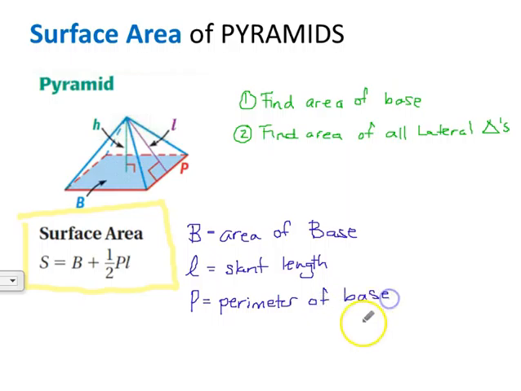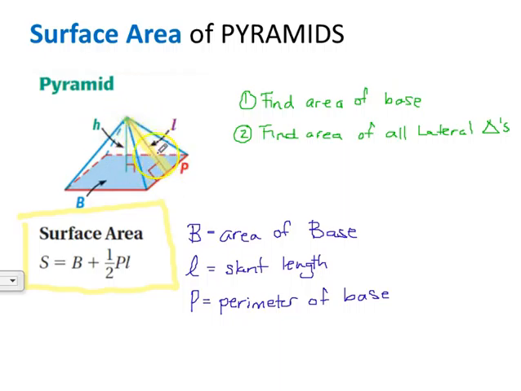So this is a formula you can use if you'd rather use a formula rather than finding each separate face area and adding those all up together. We can do both, and we're actually going to try using both methods on the next slide here. But really quick before we do that, I just want to talk about the slant again.